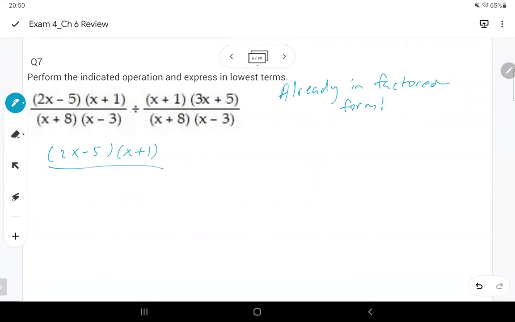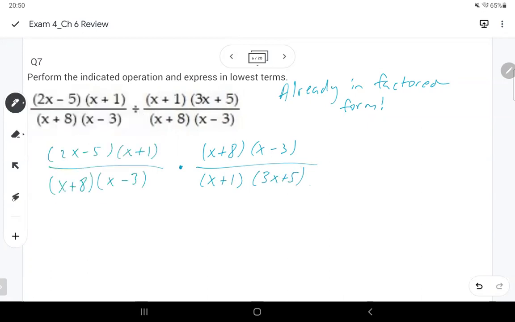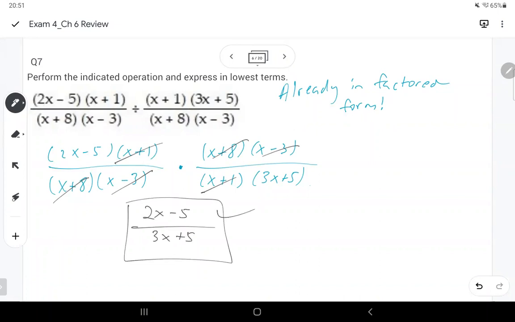So you rewrite the first one, then you want to multiply and then flip. And now we get rid of what's common.